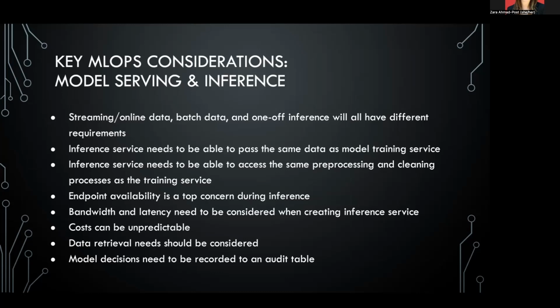We really need to think carefully about bandwidth and latency when we're creating this inference service. And again, our costs can be unpredictable, especially with streaming or online data. We really need to think about our data retrieval needs, and we need to make sure that our model decisions can be recorded to an audit table. So every data point that our model operates on, that decision is recorded somewhere.